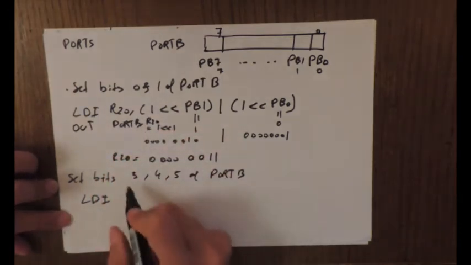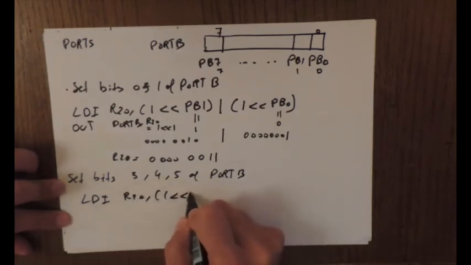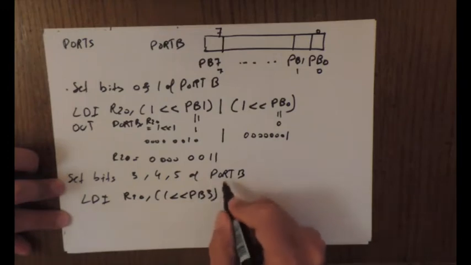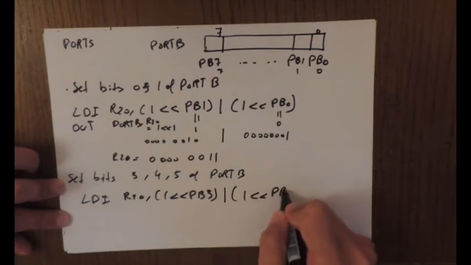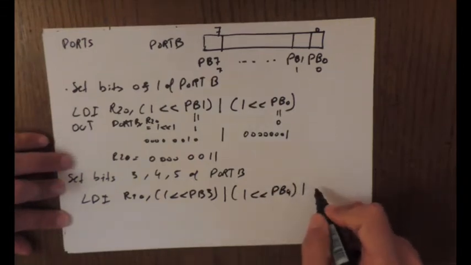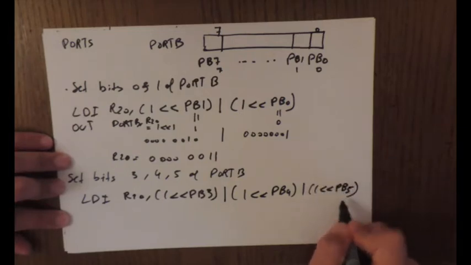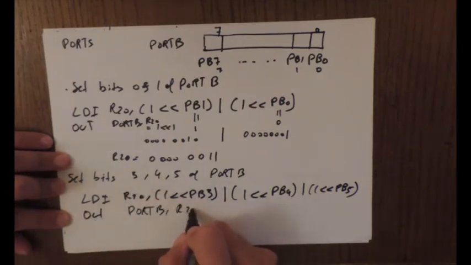So here we have LDI, same method, but this time we use 1 shifted by PB3 or 1 shifted by PB4 or 1 shifted by PB5, and then out PORTB, R20.